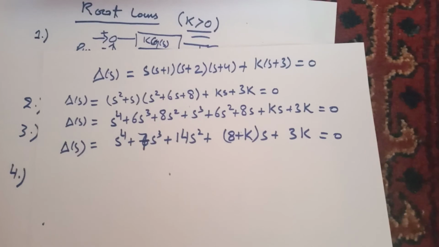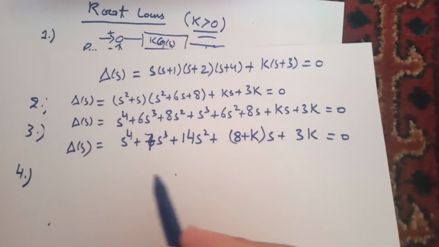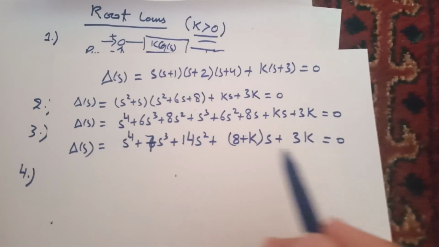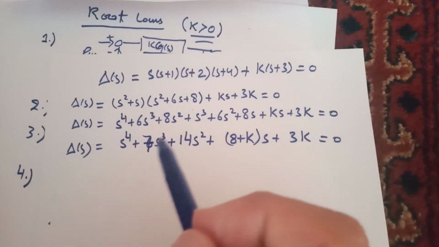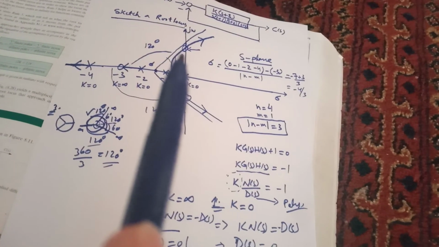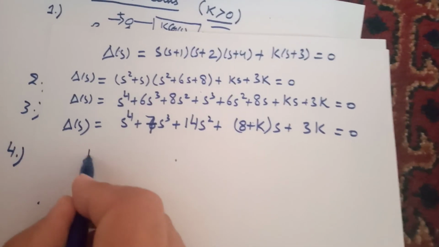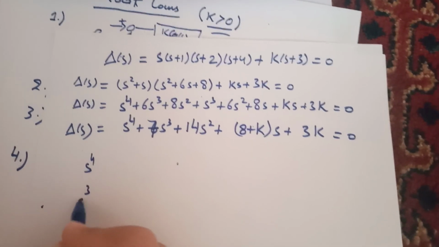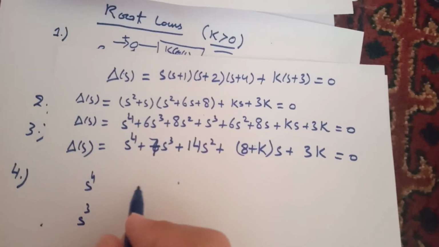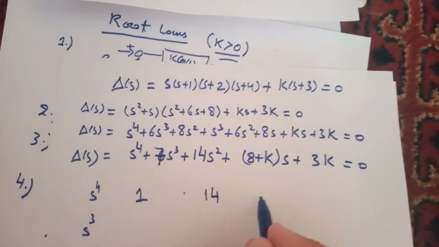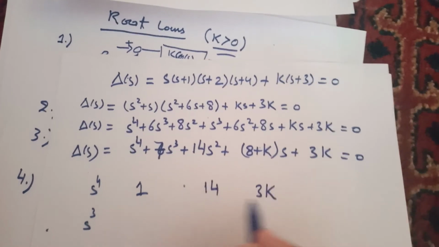After doing a little mathematics, we come up with this polynomial, and we use this polynomial in the Routh table to find the value of k where it will cross this j omega axis. We do that very simply. Just make a table here. We say s4, s3. For s4 it is 1, then 14, then 3k.